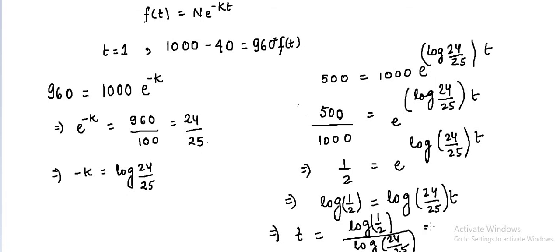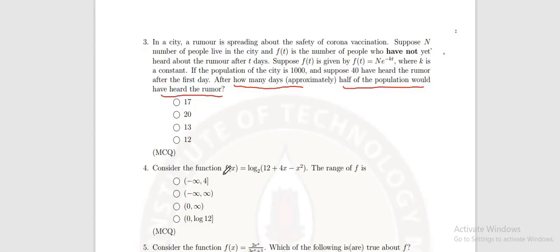Now use the scientific calculator and calculate the value. This is going to be 16.979. So approximately, if you round off this figure, this is going to be 17. So after 17 days, there were 500 people who were not knowing about this corona vaccination.